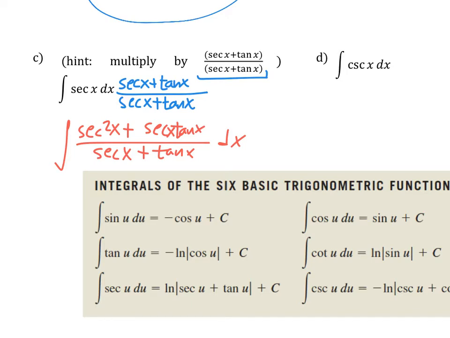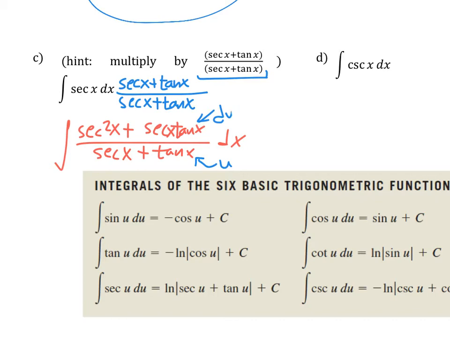Well, if this is u, you take the derivative of tangent, you get secant squared. The derivative of secant is secant tangent. So this is du, equal to all of this stuff here plus dx. So the top is the derivative, or du dx. So that's great.